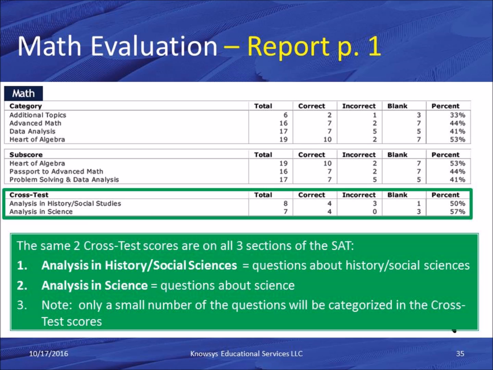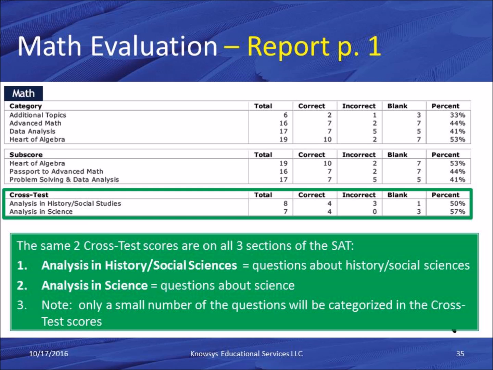The other type of score you will see on your score report is a cross-test score. The same two cross-test scores are on all three sections of the SAT, so you will see it reaches into the math, the reading, and the grammar sections. And it's two pieces: analysis in history, social sciences, and analysis in science. Analysis in history, social sciences will be exactly what it sounds like: questions that have to do with history or social sciences.